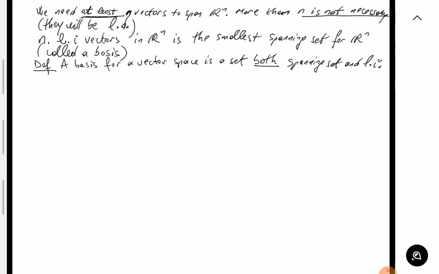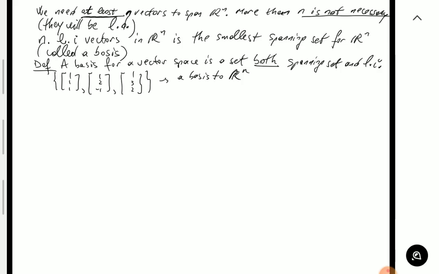So in my previous example, like the first example, we established that the vectors (1, 1, 1), (1, 2, -1), (1, 3, 2) form a basis for R3.